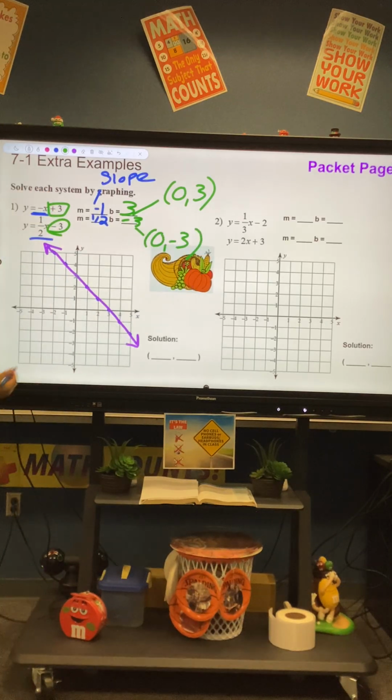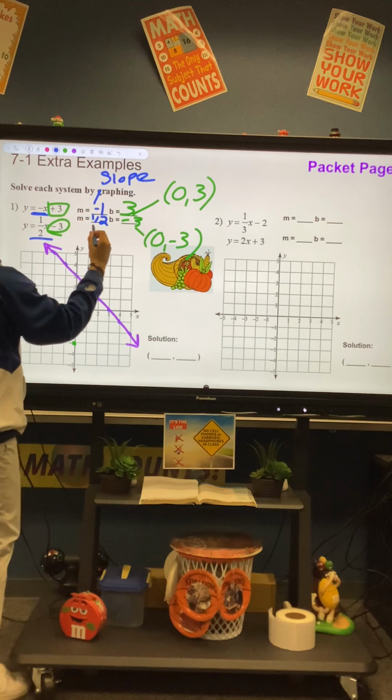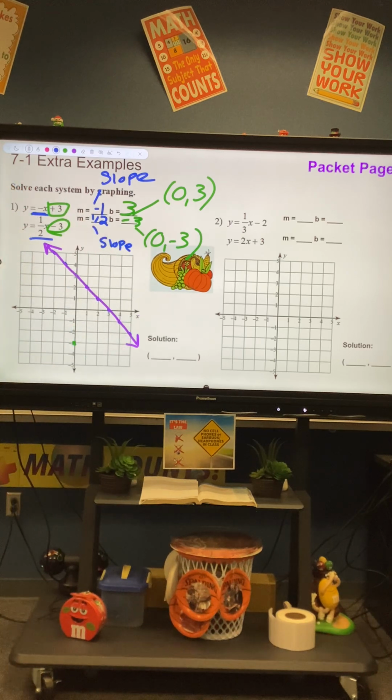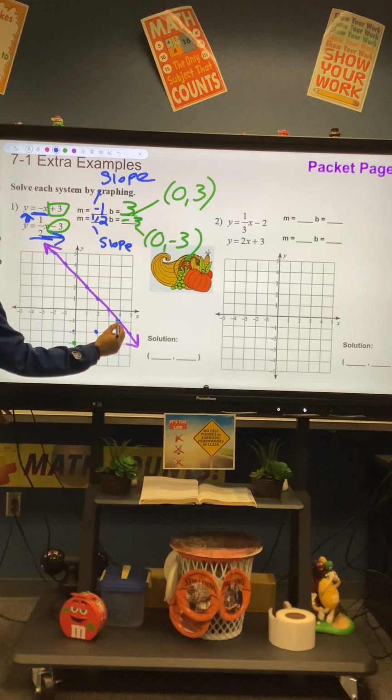Here we go. So I'll go to (0, -3). Put a point right there. My M value is my slope, right? What does that tell me? So to get to my next point in my graph, I go from here. What do I do? Remember, I'm gonna go up 1 to my right 2. So I'll go up 1 to my right 2. Up 1 to my right 2.